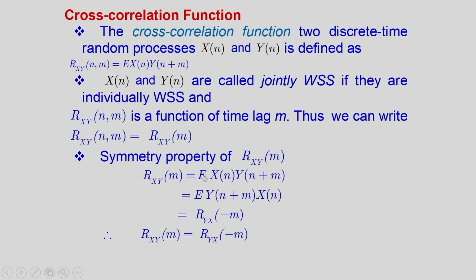Now, in the definition of the cross correlation function, we take the difference of the second argument and the first argument. So, this will now be Ryx of minus m. Therefore, Rxy of m equals Ryx of minus m. This is the symmetry property of the cross correlation function.